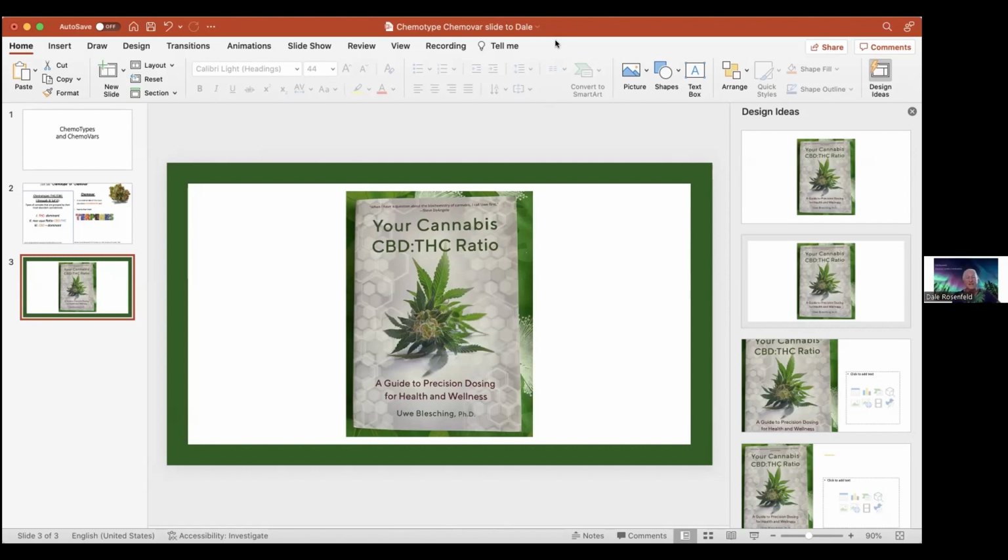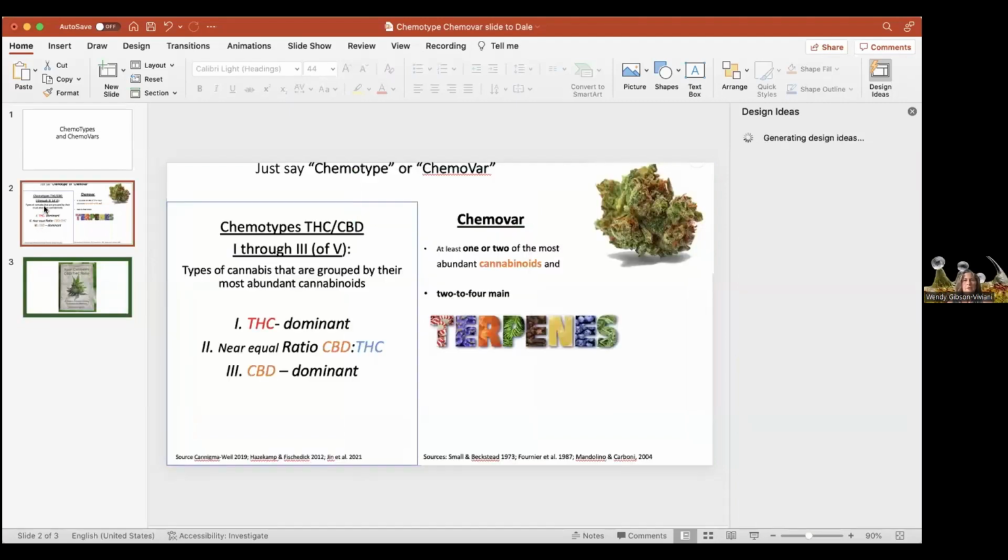Great, great. Okay, so let's stop that screen share. And now let's talk about type 1, type 2, and type 3 of the chemotypes. Oh, no. Let me go. Yes, go ahead. Back to the slide then. Okay, I won't share yet. Sorry. Okay, so as you can see on the slide, type 1 is THC dominant.